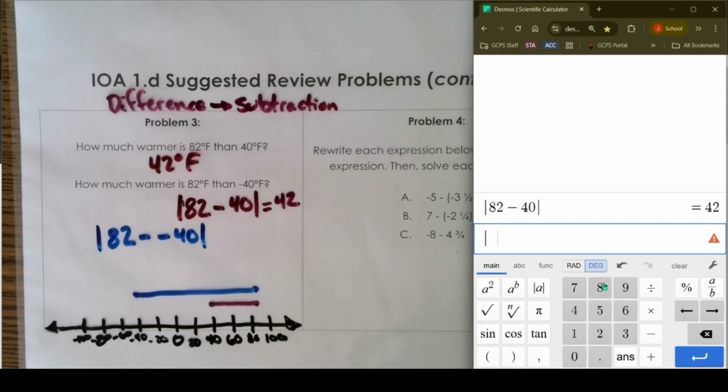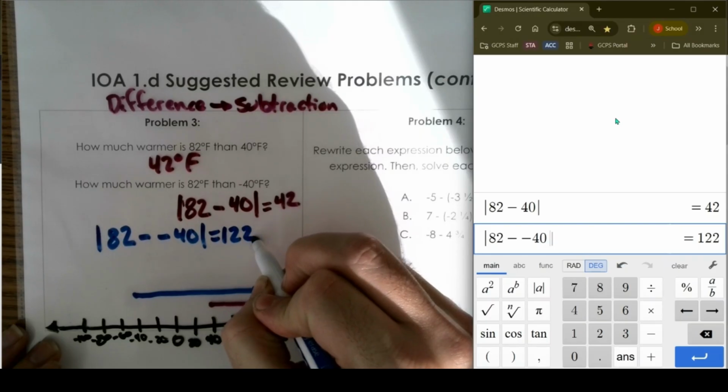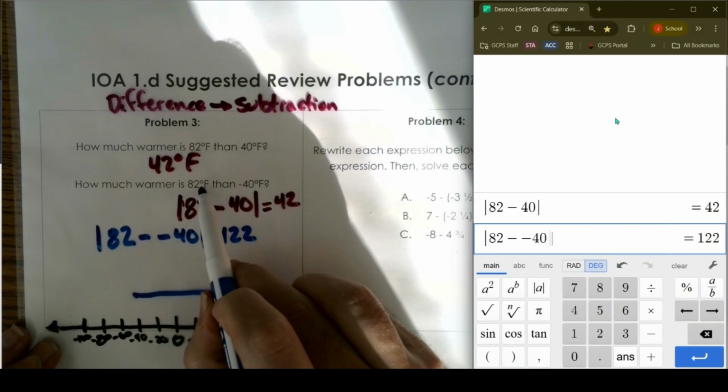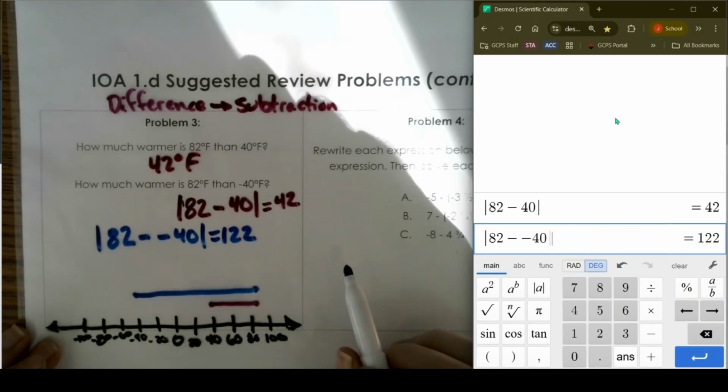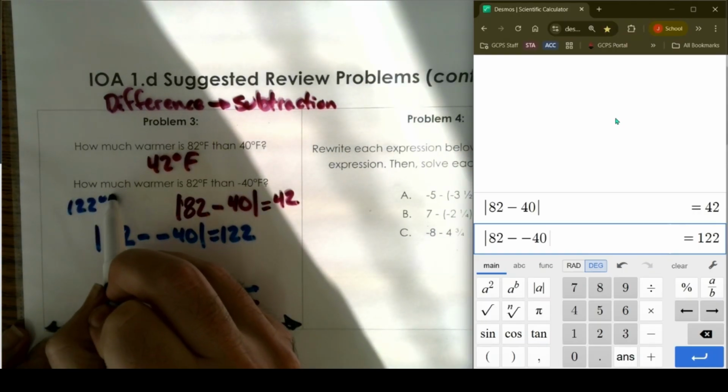So absolute value of 82 minus negative 40, and there we have it, 122. So how much warmer is 82 degrees Fahrenheit than negative 40 degrees Fahrenheit? The answer is 122 degrees Fahrenheit.